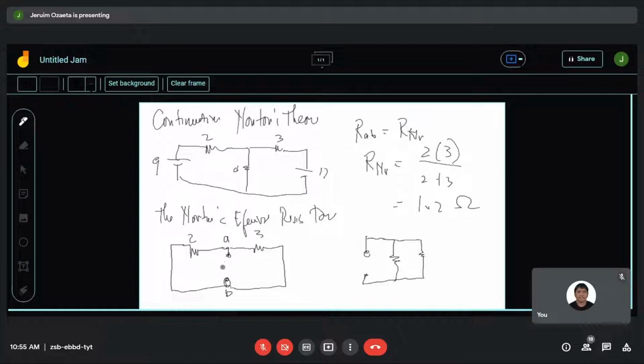Di ba? Kung ito ang A, ito ang B, ito ang C, BC naghilingan. So B, A. Ayan. So parallel. This is 2 ohms.